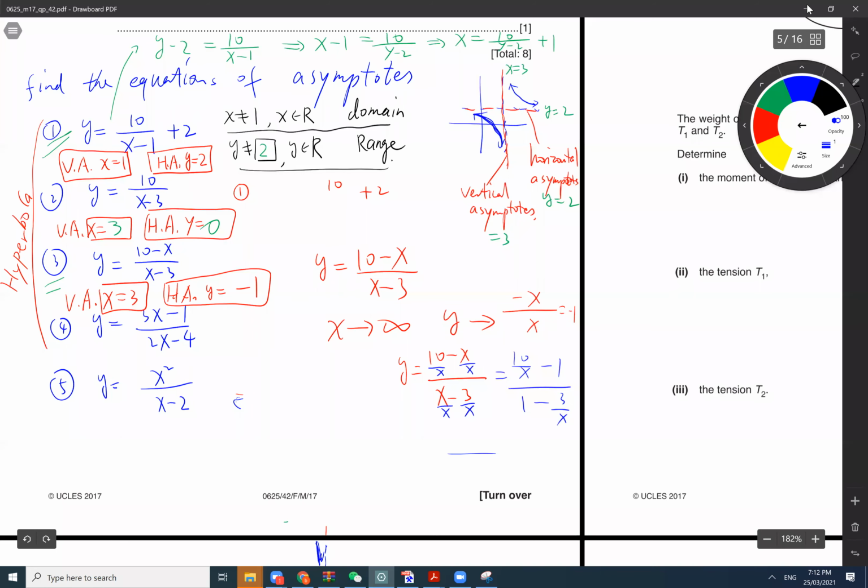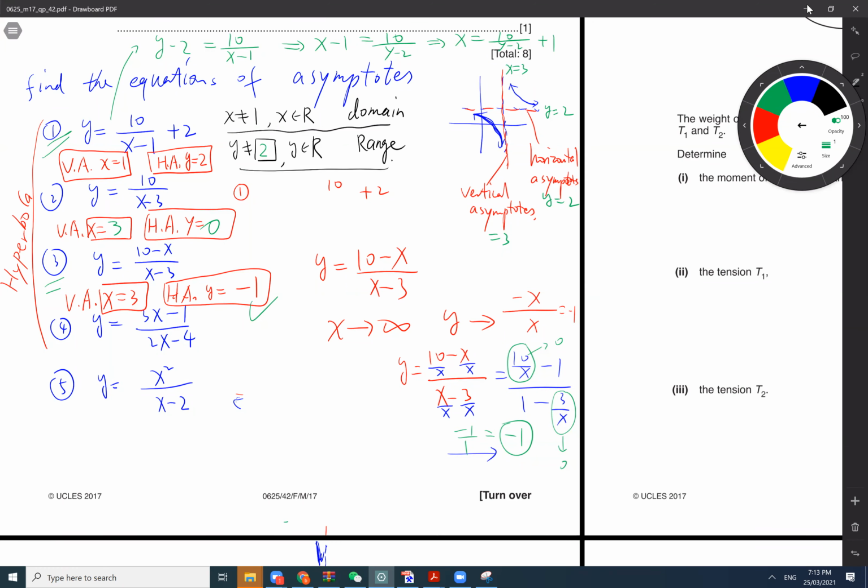If x is infinity, what's this part, Charlotte? Yes. How about this part? 0. Yes. So this part is all 0. That's why -1 over 1, just -1. That's why here -1. Okay.